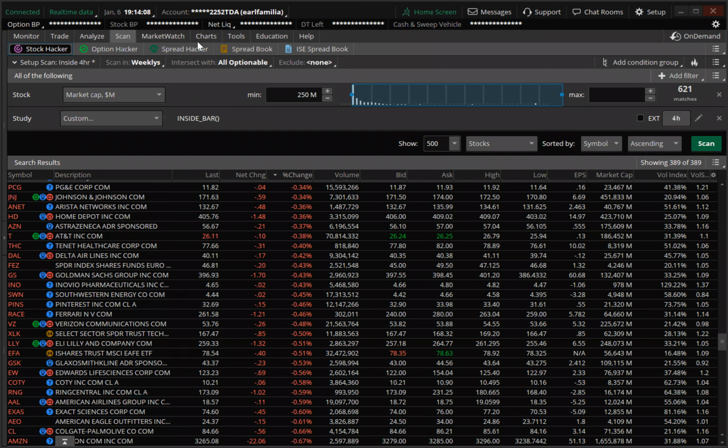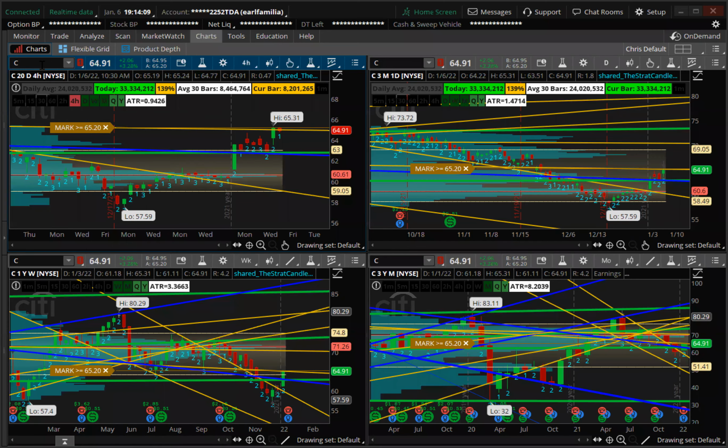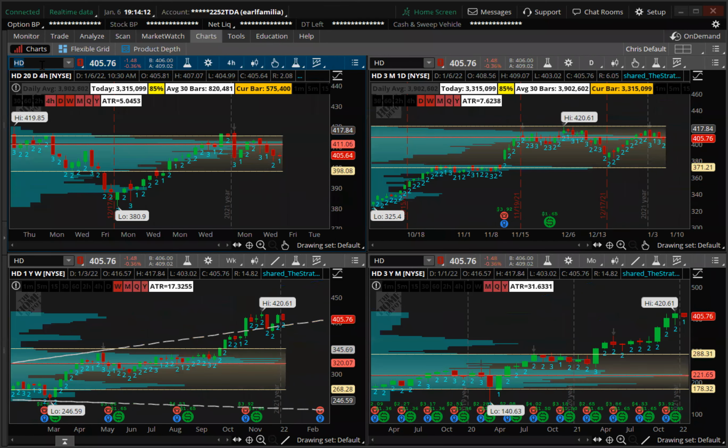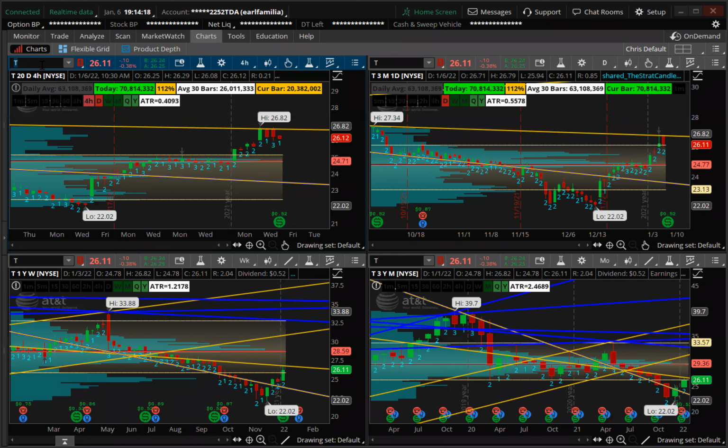All right, HD and AT&T. HD. Okay, HD. Now I'm good. T. This one here, we had a corrective activity hit the top of that broadening formation yesterday. So it's reacting to that. Looks like we may possibly get a little downside movement on this one.